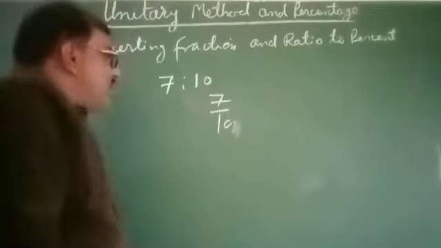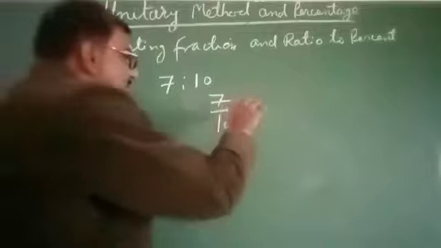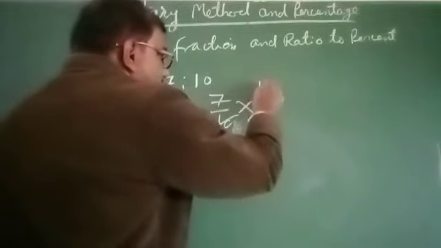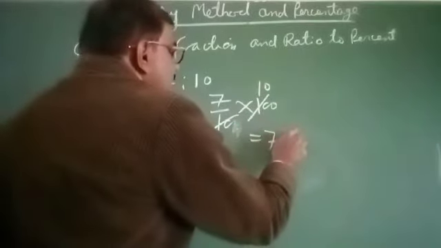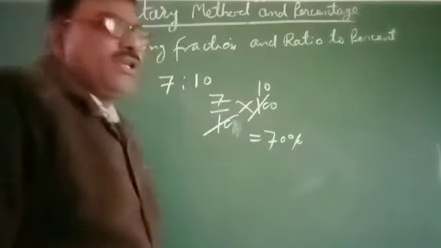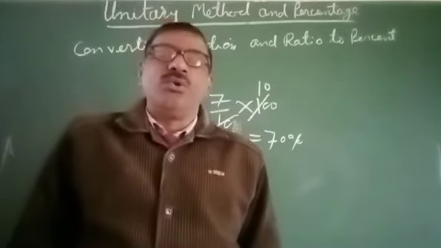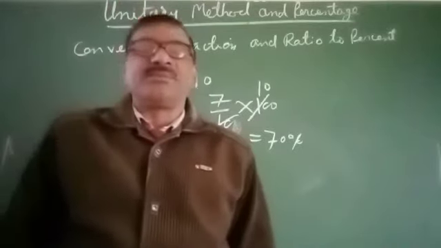And if you want to convert this ratio into percent, then you multiply by 100. 100 divided by 10 is 10, and 10 multiplied by 7 will be 70%. So dear students, I hope that this is clear to you, and you can do this type of question very easily.